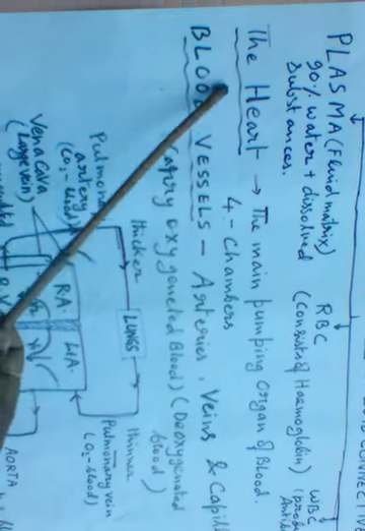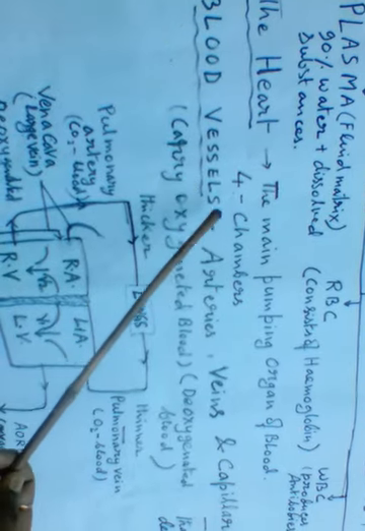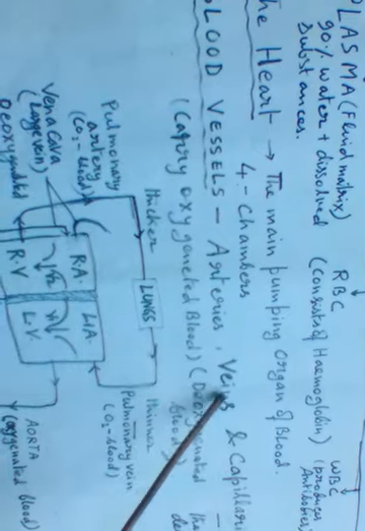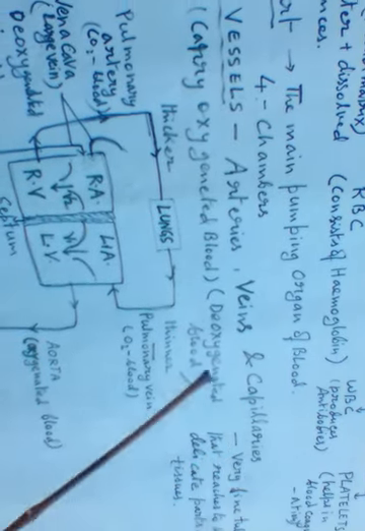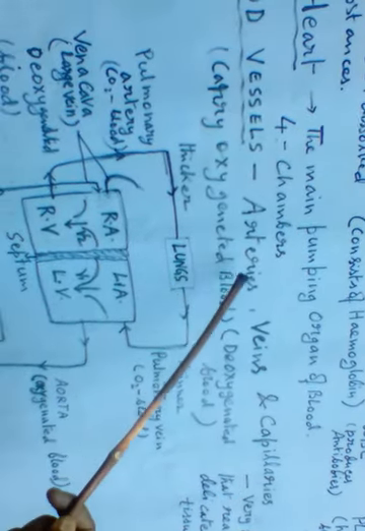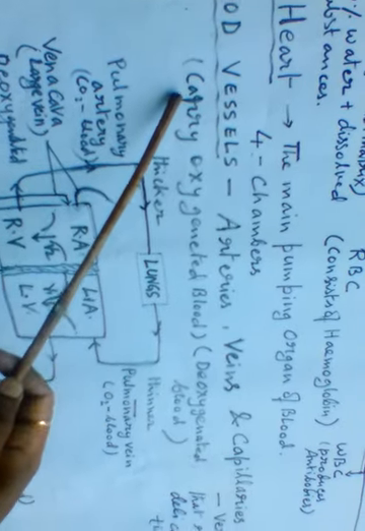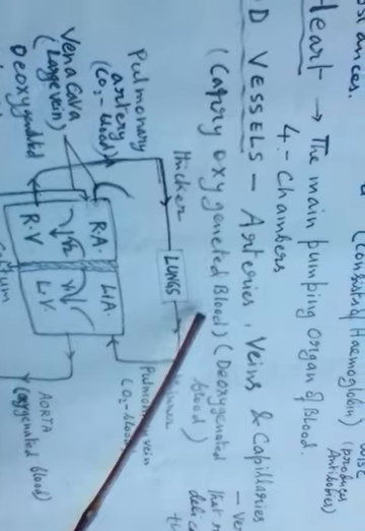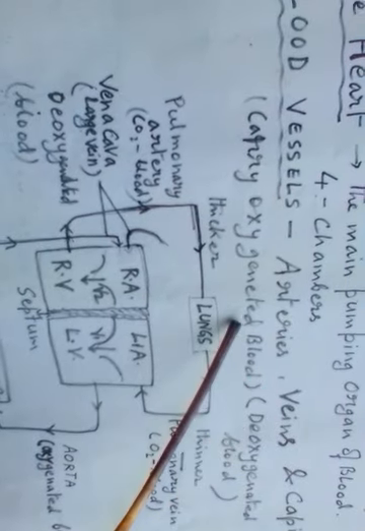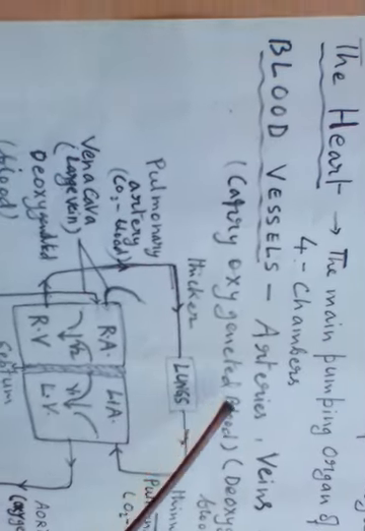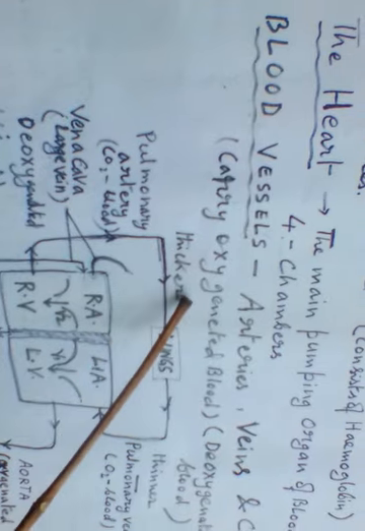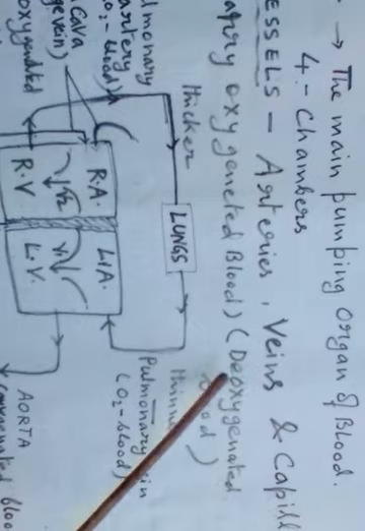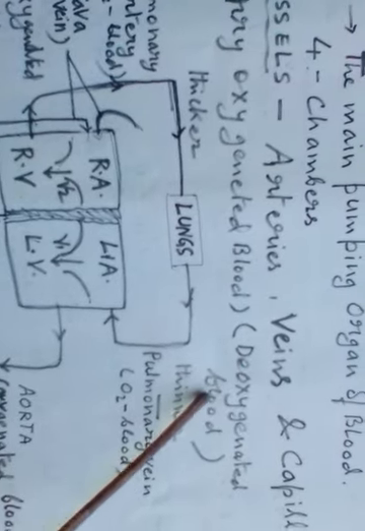Now there are blood vessels, almost 2 kinds, and the third kind is the capillaries. Arteries are mainly meant for carrying oxygenated blood. That means they carry the blood away from the heart, and they are thicker. Whereas veins carry mainly deoxygenated blood.